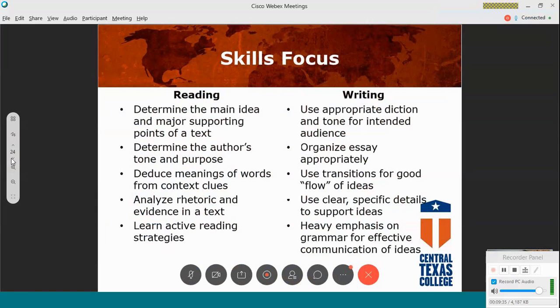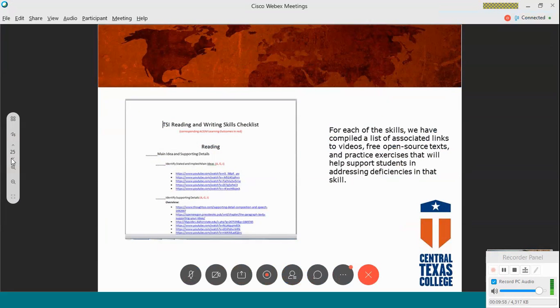And just like with the math program, our intent is that students would look at the TSI scores they get, which let them know which areas they're really working on, and we've compiled a list of links to videos, open source text, and activities that can help students address those deficiencies in each particular skill.